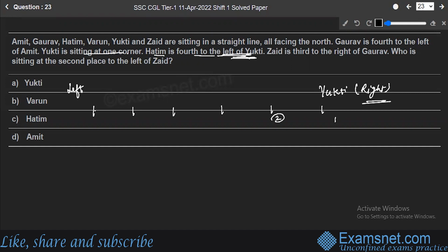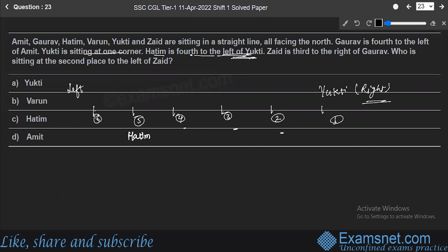This is position 2, position 3, position 4, 5, and 6. So Hatim will be here. Why? He is sitting fourth to the left of Yukti. So this is first, second, third, fourth. Hatim is sitting fourth to the left of Yukti.